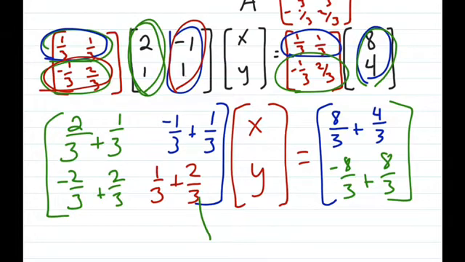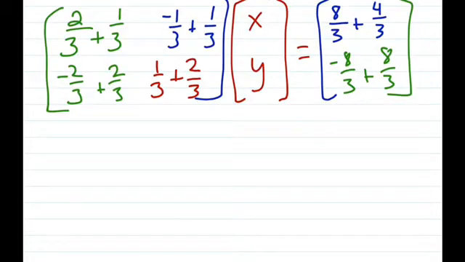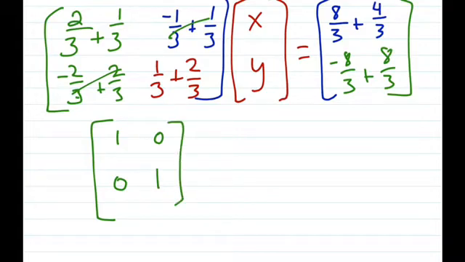Okay, now simplifying everything, we are going to have over here 2/3 and 1/3 is 1, negative 1/3 and 1/3, that's 0. Negative 2/3 plus 2/3 is also 0, and 1/3 and 2/3 is 1. So you'll notice, and I ask a question on the notes there, what do you have here on the left? You have the identity matrix.